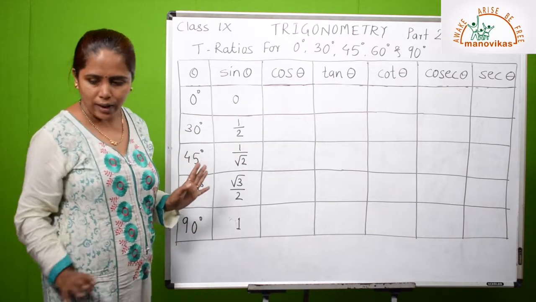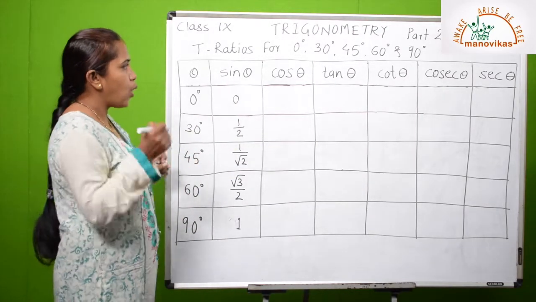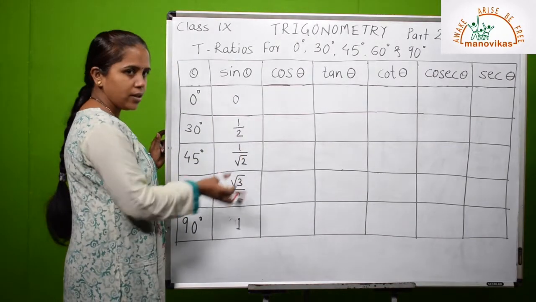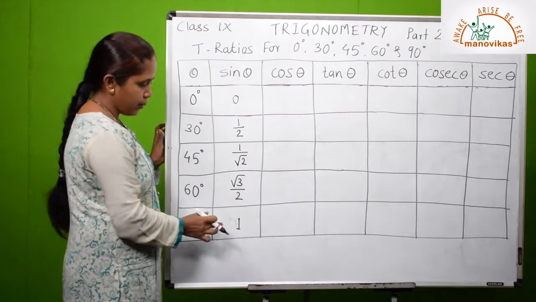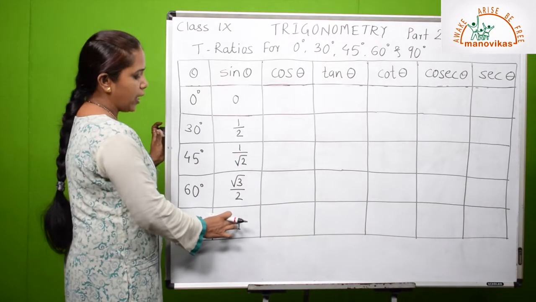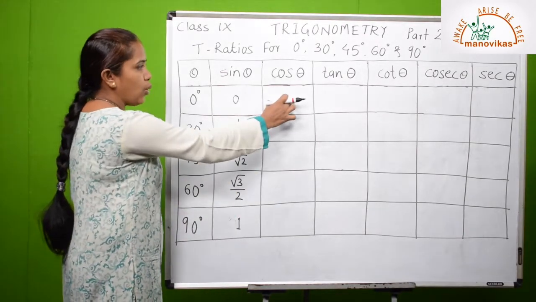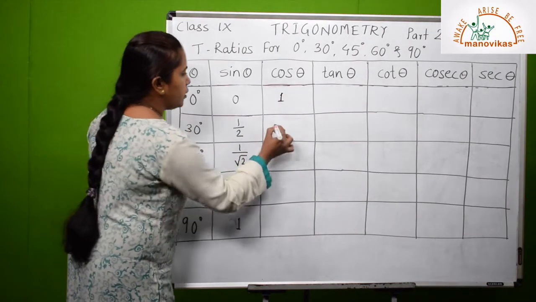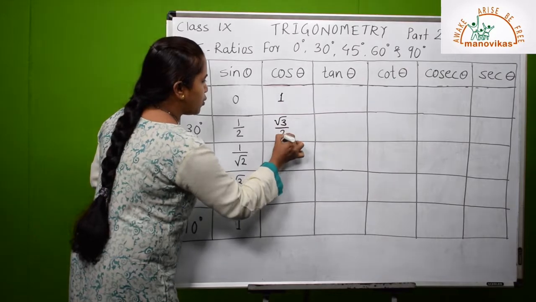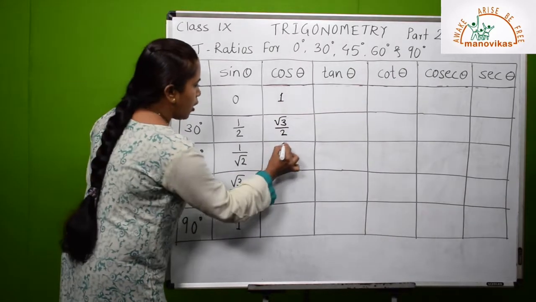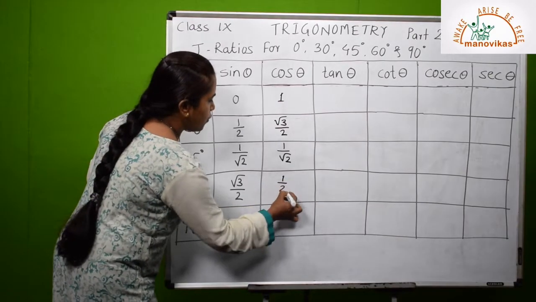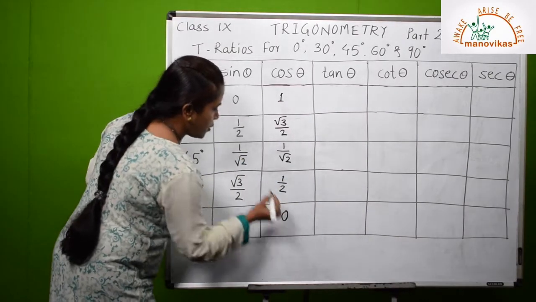Now how to write that? For cos theta, the first column, write in upward direction, meaning the sine 90 value 1 will go to cos 0 value. So 1. Then next is root 3 by 2. Then 1 upon root 2. The next is half and 0.